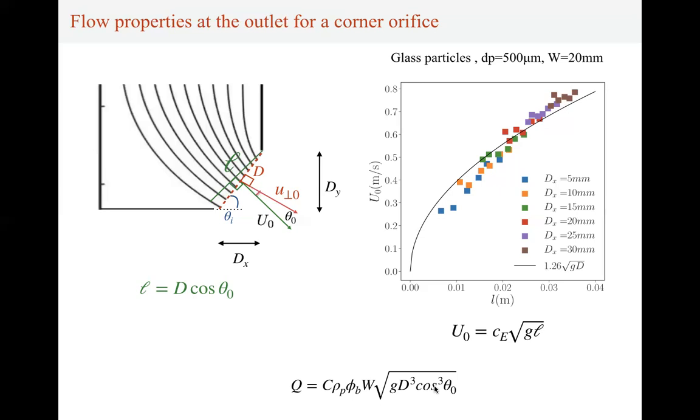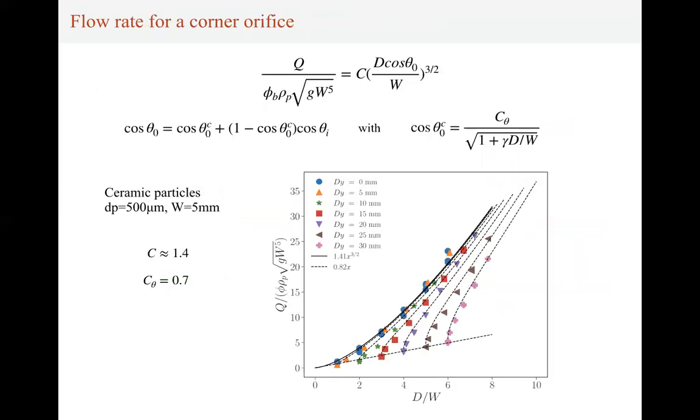So now we have an empirical law for the flow rate at the corner, which depends on the thickness of the silo and on the size of the orifice, and we can plot this in this graph. This corresponds to all the dashed lines, and you can see that the agreement is quite good.